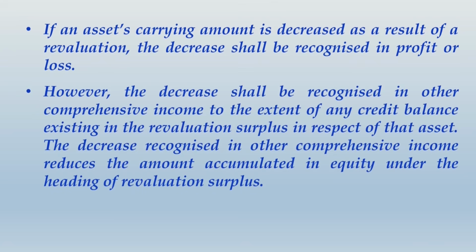However, the decrease shall be recognized in the other comprehensive income to the extent of any credit balance existing in the revaluation surplus in respect of that asset. The decrease recognized in the other comprehensive income reduces the amount accumulated in equity under the heading of revaluation surplus. So please write up this last part as well, and with that we will be putting an end to this session.